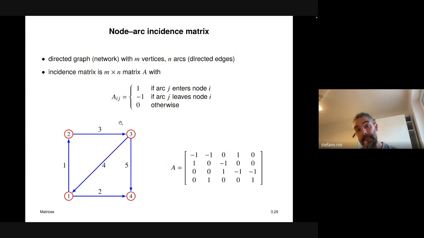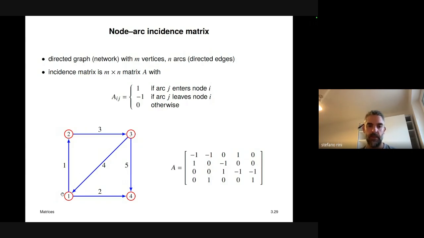Now we can also have the incidence matrix, which is 1 if there is an arc j that enters node i, minus 1 if there is an arc j that leaves node i, and 0 otherwise. In this case, on the rows we have the nodes, and on the columns j we have the arcs, the edges.